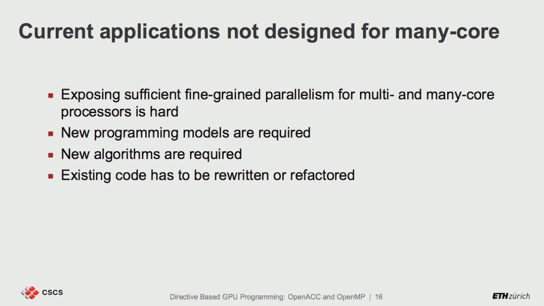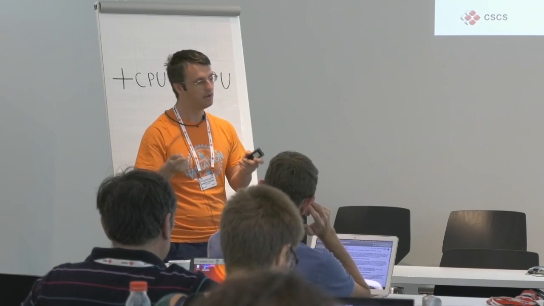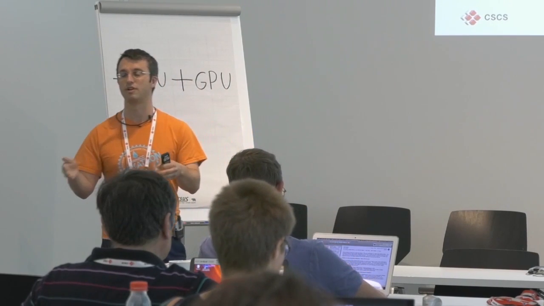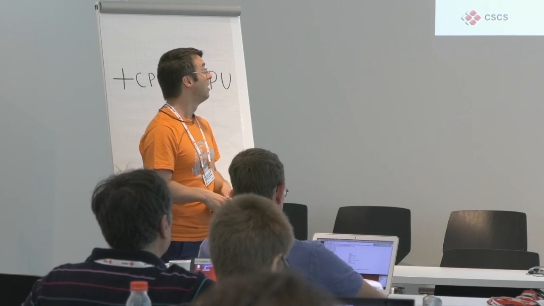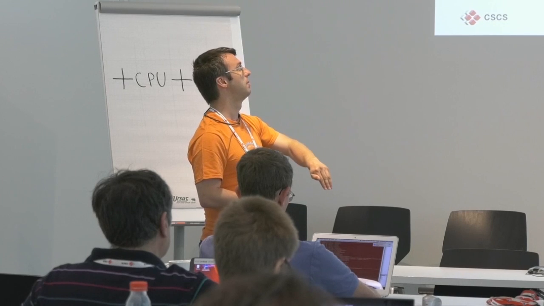So suddenly, the applications are not prepared for this on-core parallelism. And there are several dimensions to this. First of all, we should start thinking a bit differently. We should start thinking about extracting parallelism from the application. We should start thinking in parallel somehow. And we should design our applications as such.